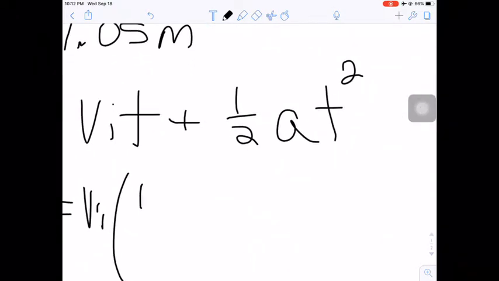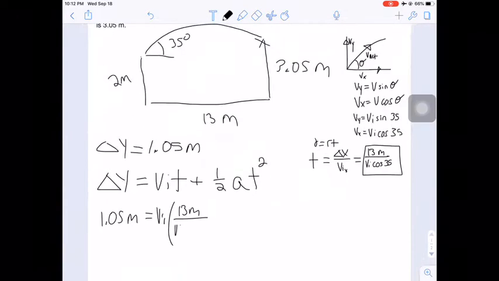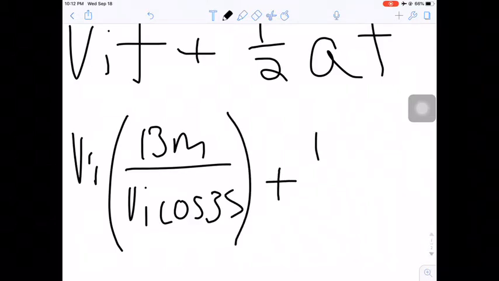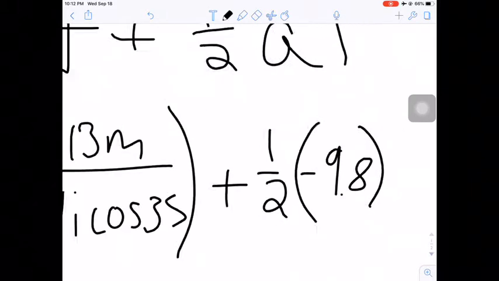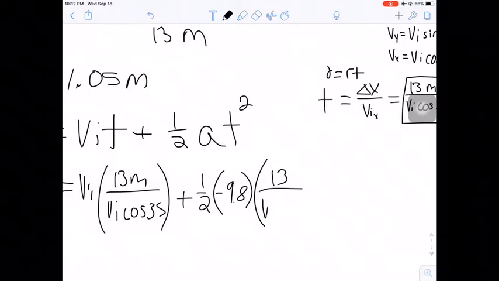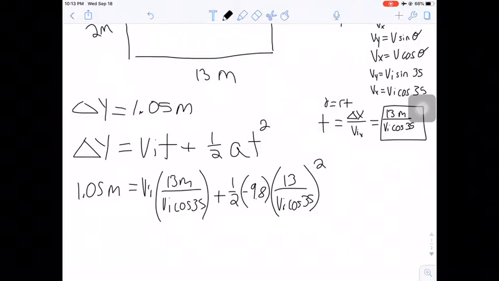So we're going to plug this in: 13 meters over Vi cosine 35, plus 1/2 times the negative 9.8 acceleration times time again, and this time the time will be squared. So this is how we set that up, and then we're solving for the initial velocity.